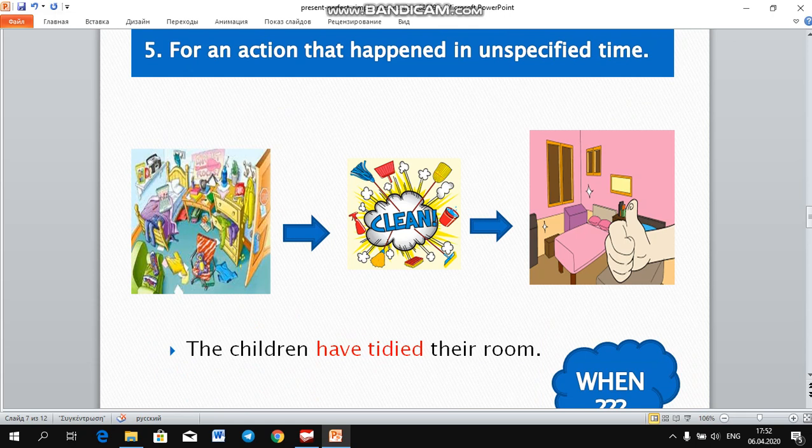Next one is for an action that happened at an unspecified time. In this situation, the time of the action is not important. The important thing is the result. The children have tidied their room.